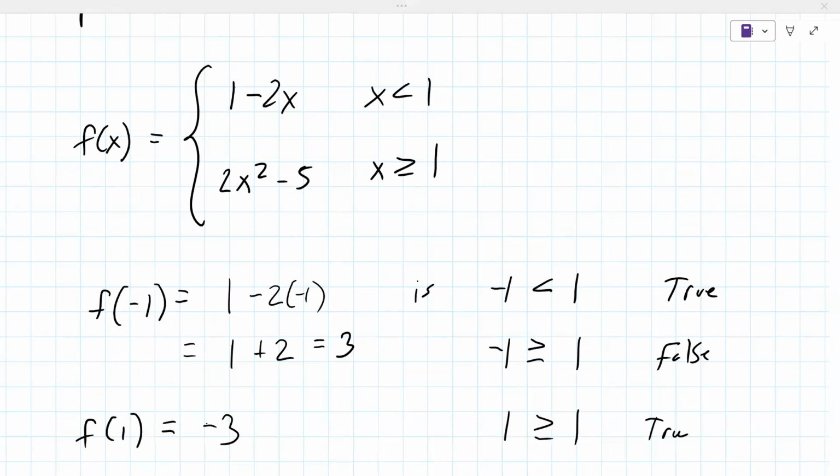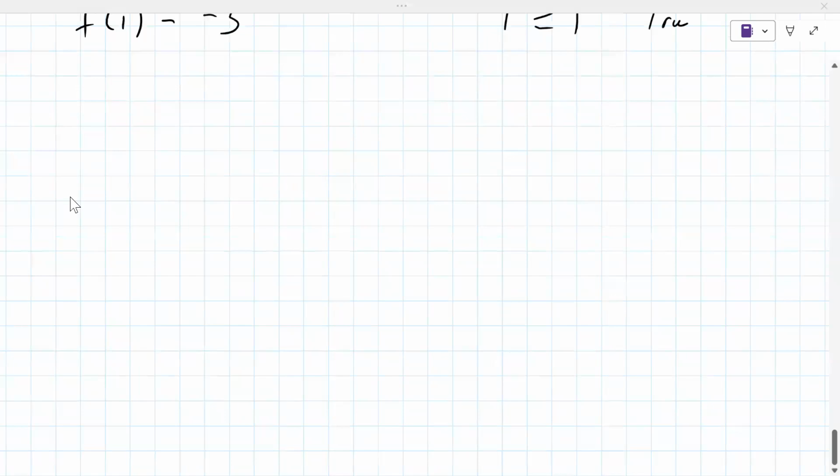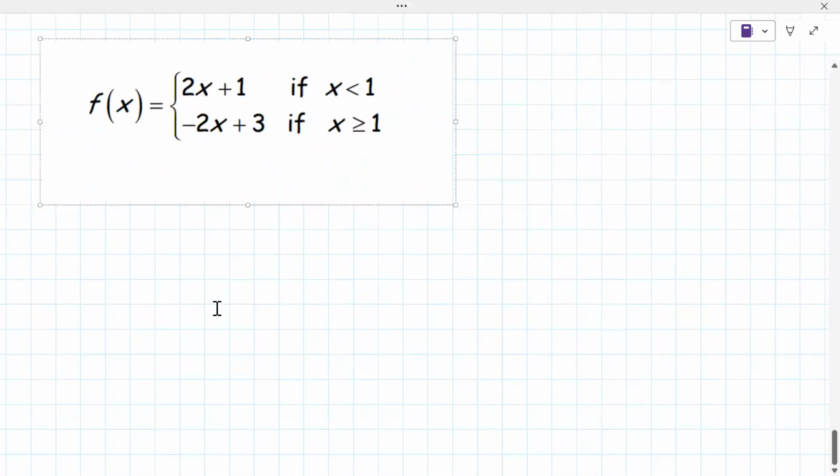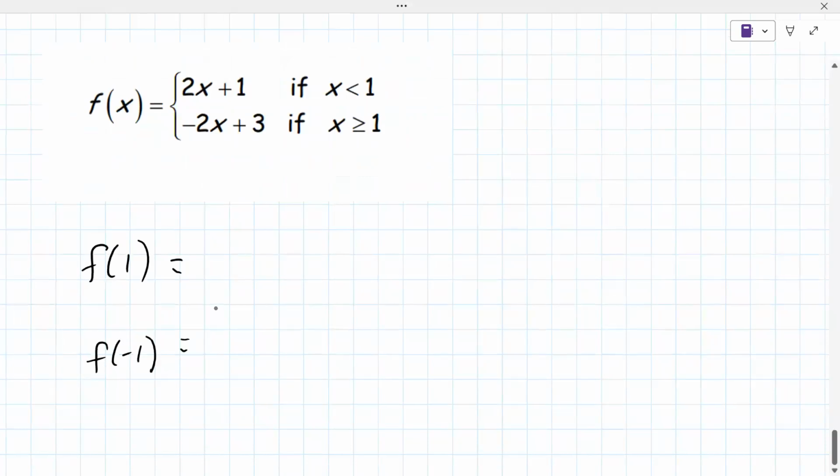So I'm going to pull up a new piecewise function here. And I want you to find f of 1 and then f of -1 for me, please. Okay.